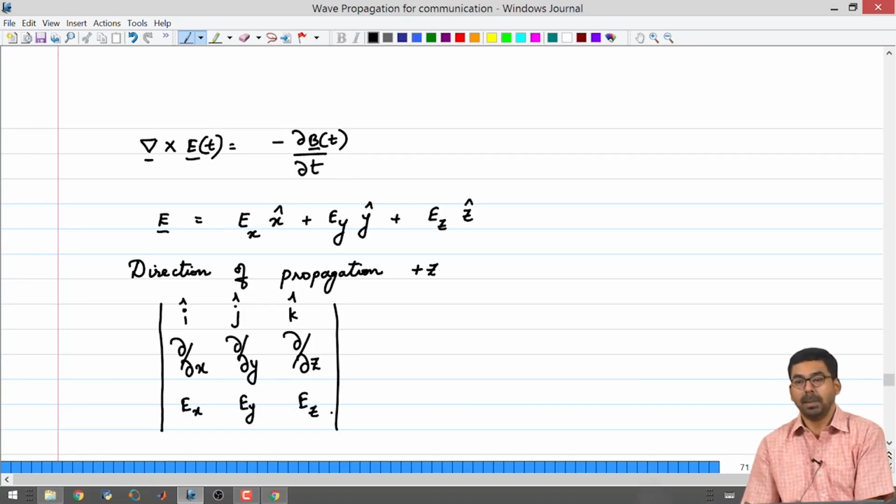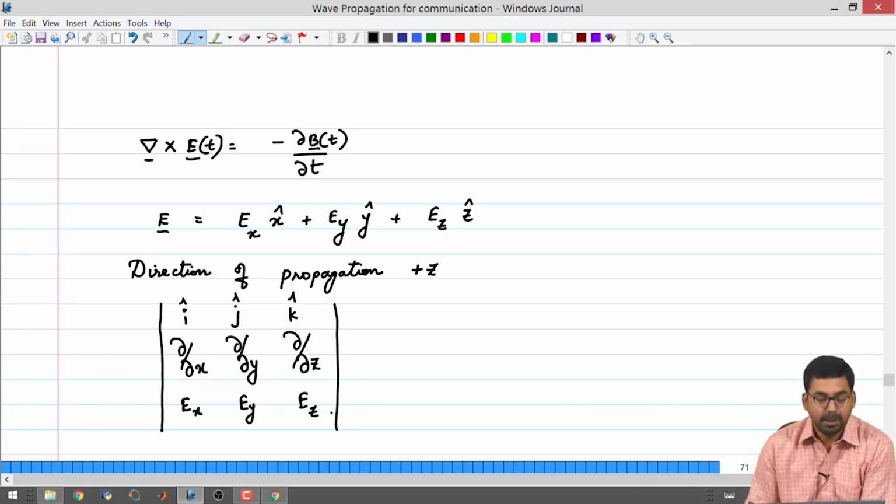I have to find the determinant of this matrix. Now, one of the things that we have to be clear about is, if the direction of propagation is z, we assume everything to be uniform in the x and in the y directions, which means that uniformity in the x and y directions means that there is no derivative present.